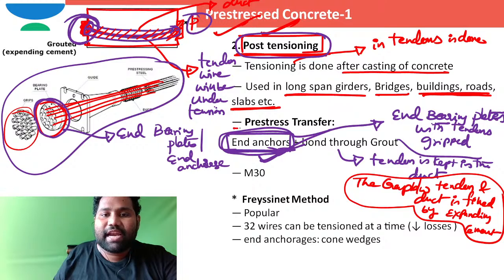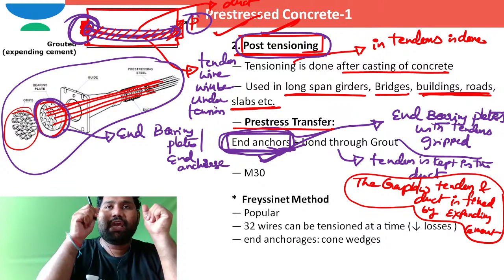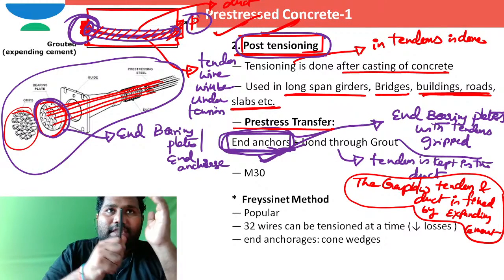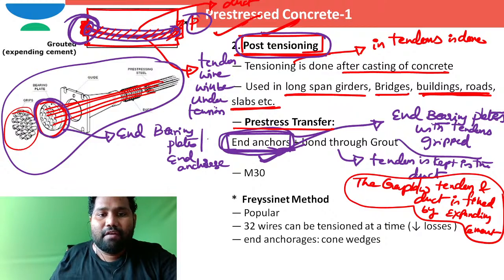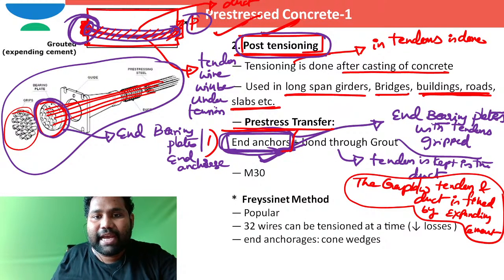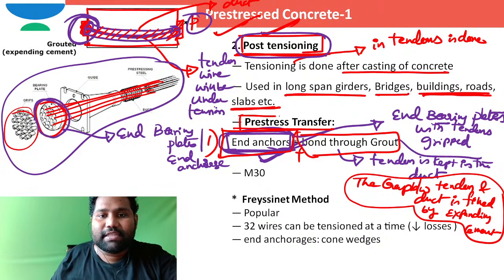So the pre-stress transfer from the tendons to the surrounding concrete is done in two ways: one by end anchorages and the second by bond with the grout. Because of these two, pre-stress transfer is happening.